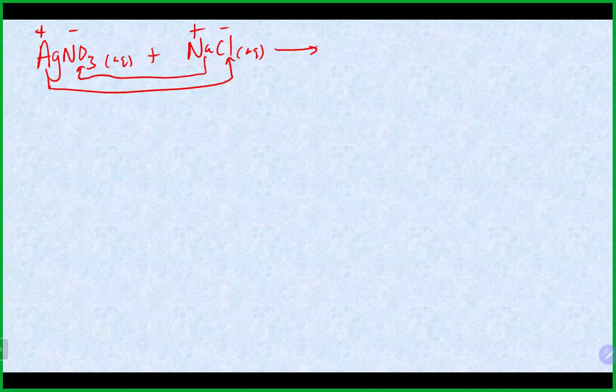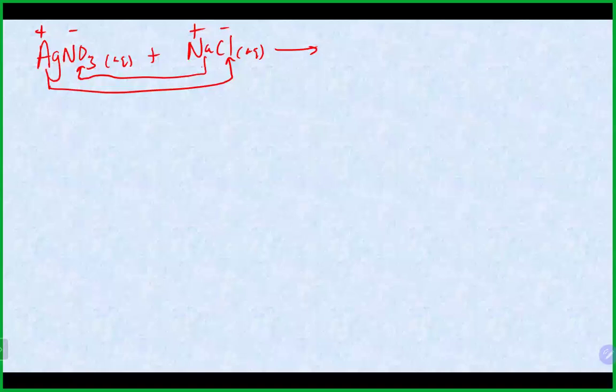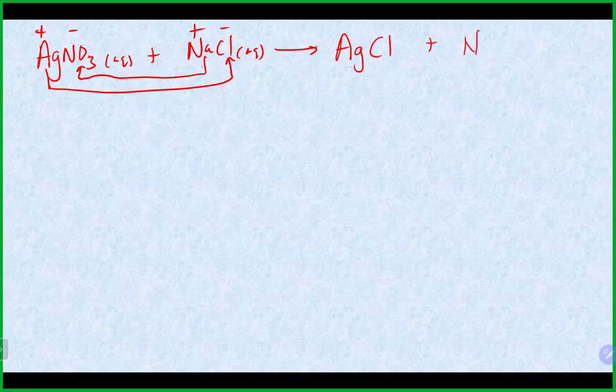It is important that when you write the formulas on the right-hand side of the equation, you always put the formulas first and then balance the equation. You don't want to try to do those things together, otherwise you'll get the wrong formulas and the equation will not balance. So ultimately here, we have silver that's going to end up with the chloride, and the sodium that will end up with the nitrate.